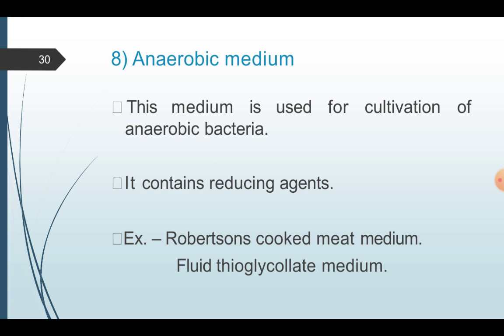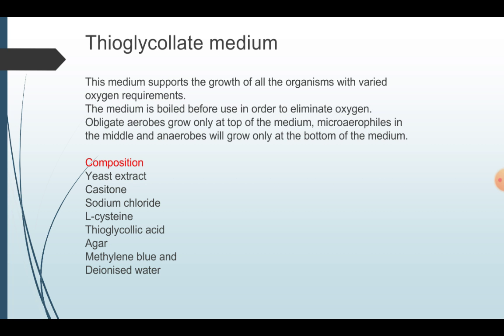Anaerobic medium is used for cultivation of anaerobic bacteria. It contains reducing agents. Examples are Robertson's cooked meat medium and fluid thioglycolate medium. Thioglycolate medium supports the growth of all organisms with varied oxygen requirements. The medium is boiled before use in order to eliminate oxygen. Obligate aerobes grow only at the top of the medium, microaerophiles in the middle, and anaerobes only at the bottom.